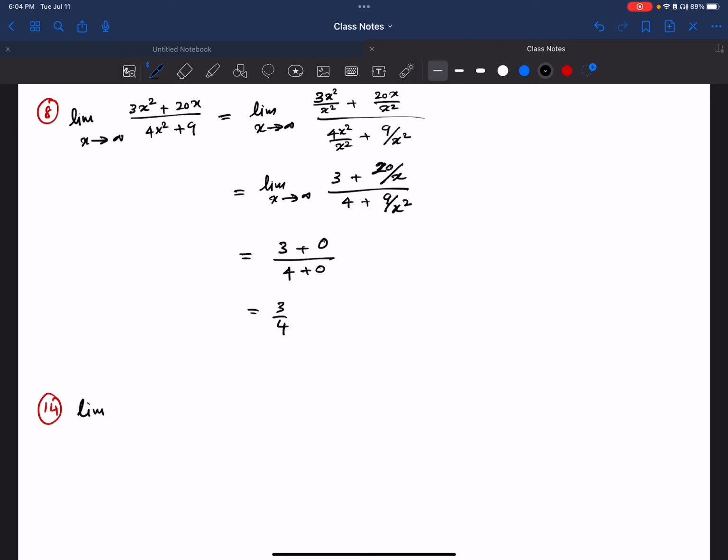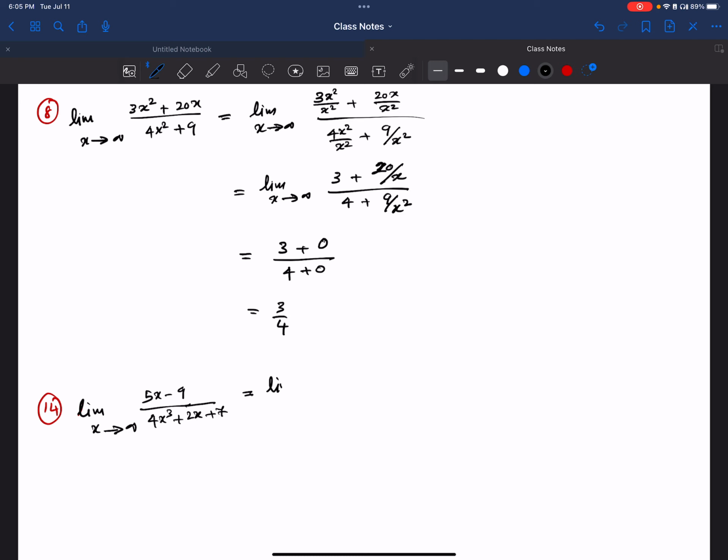Limit as x goes to infinity of 5x minus 9 divided by 4x cubed plus 2x plus 7. You have to divide all the terms by x cubed.